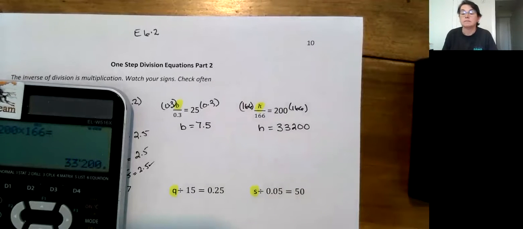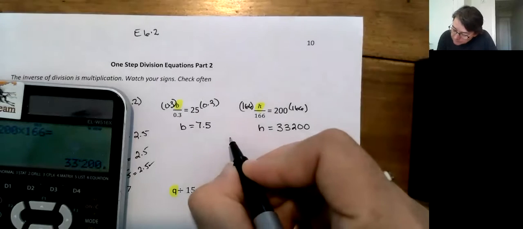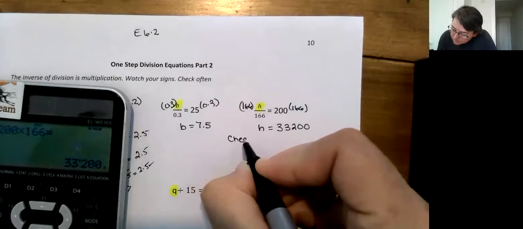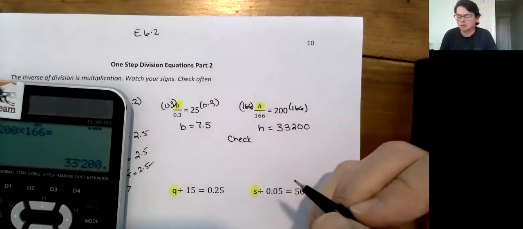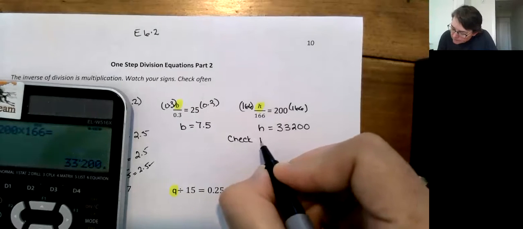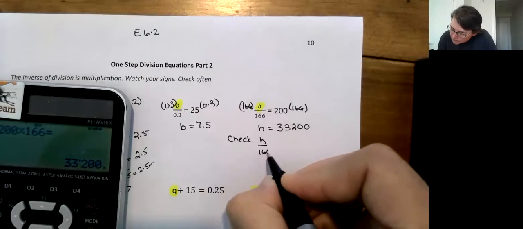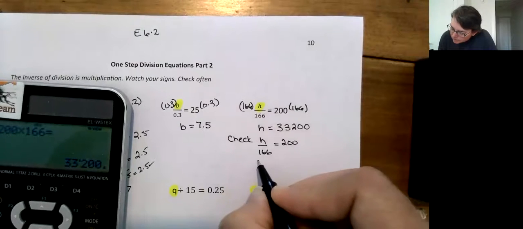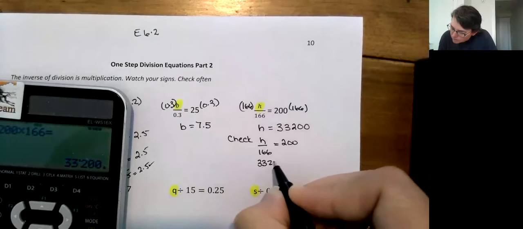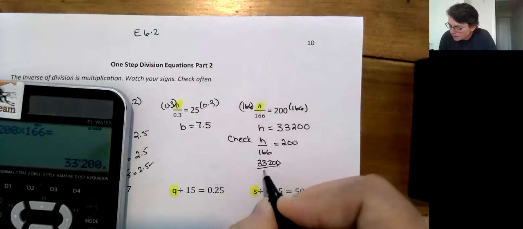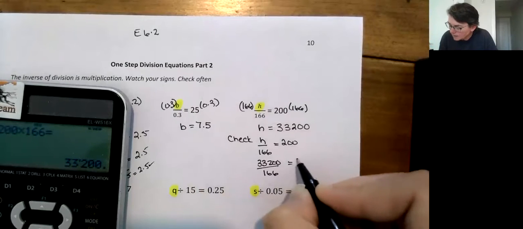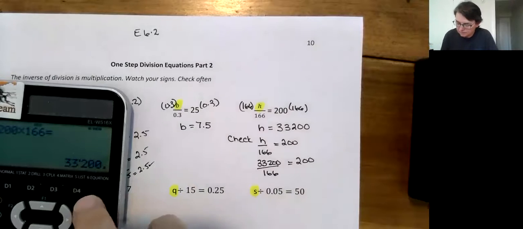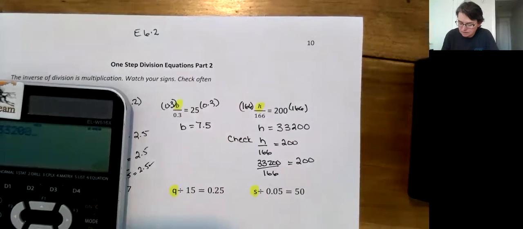It's okay. If that weirds you out, you know what? Do a check. Math answer can't actually be that big, can it? Well, let's see. h over 166 is 200. 33,200 divided by 166 is 200.